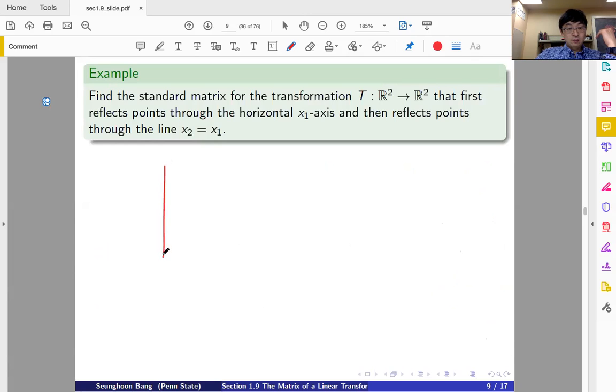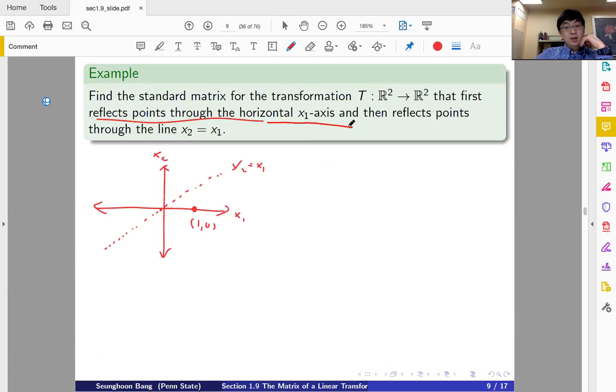So here, this is x1, this is x2. So x2 equals x1 is here. You can choose the first point, this is like (1, 0). First, you have to reflect this point through the horizontal x1 axis. Reflecting this point about the x1 axis doesn't change it.